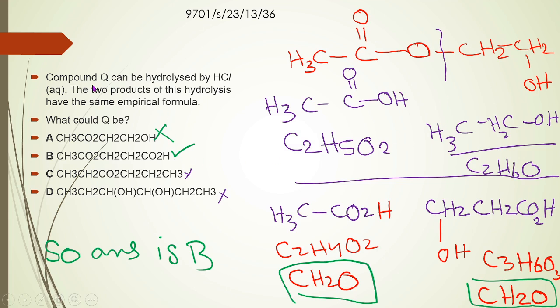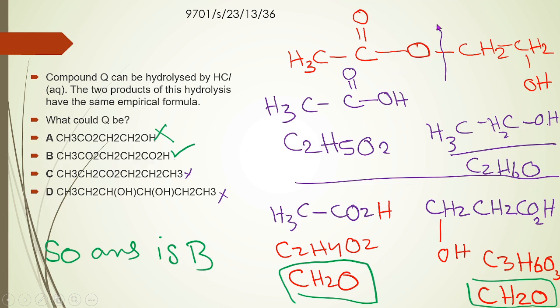Another question. Compound Q can be hydrolyzed by HCl. The two products of the hydrolysis have the same empirical formula. For that purpose I checked all of them, but here I write down the detail of the second one.